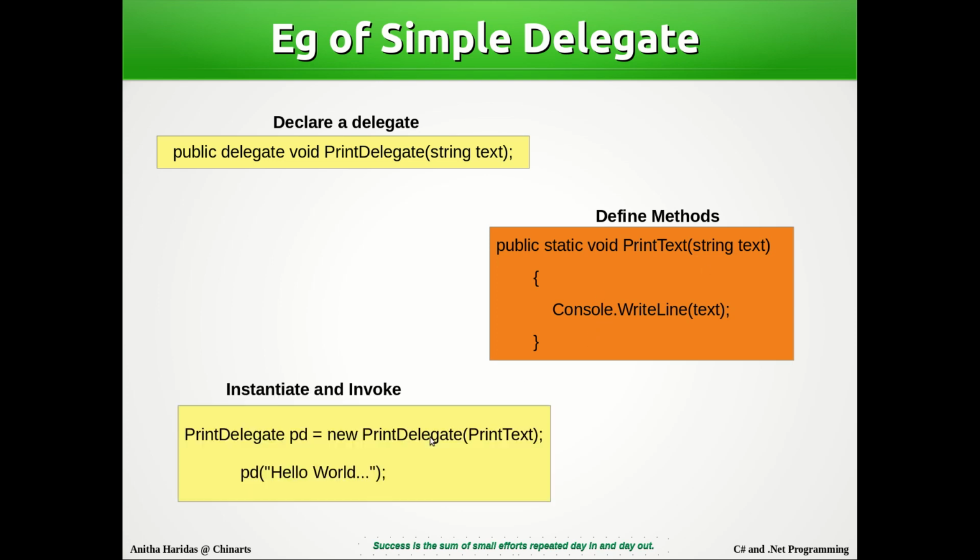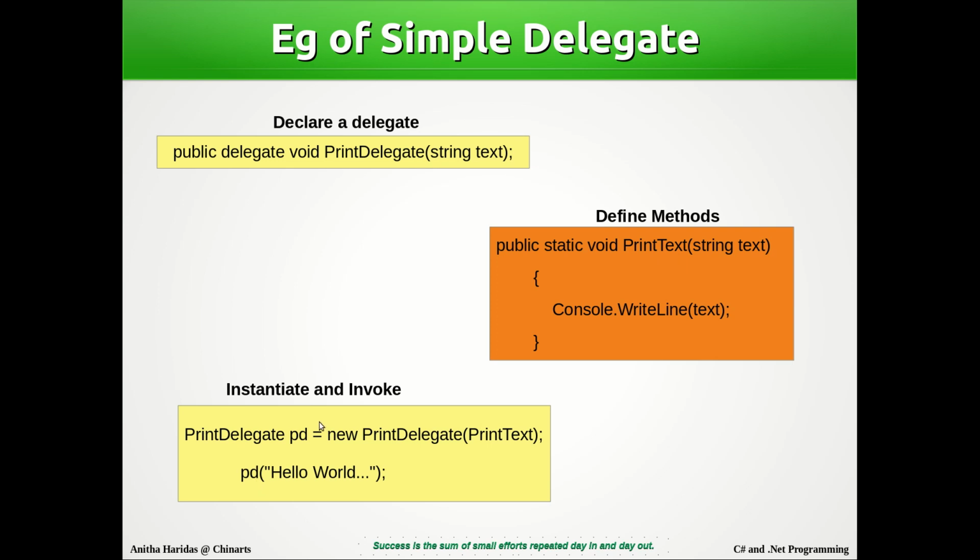and I can have a method body also. Now if you want to instantiate and invoke the method, you can create an object, an instance of the delegate. This is the delegate type name. So give the type name, define an object using the new operator, and pass the method name as an argument.